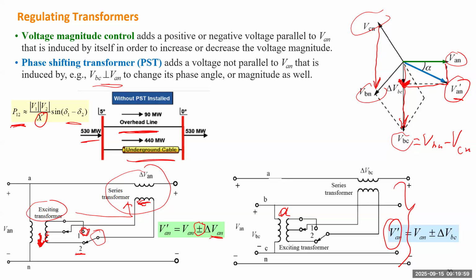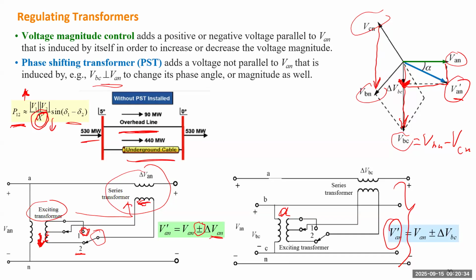Because underground cable is installed under the ground, it has more capacitance, which can cancel some of the reactance. So an underground cable is equivalent to reducing this reactance, and if this is reduced, that will increase the real power.